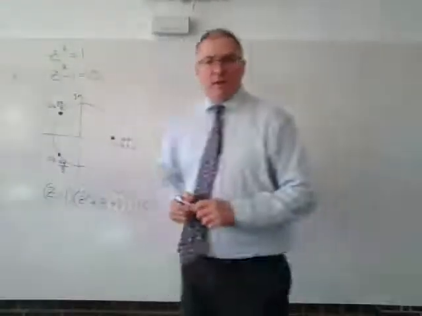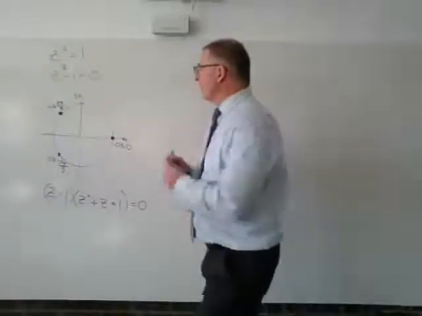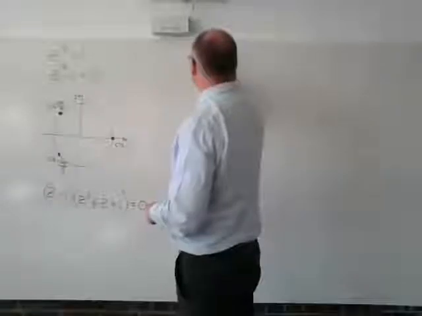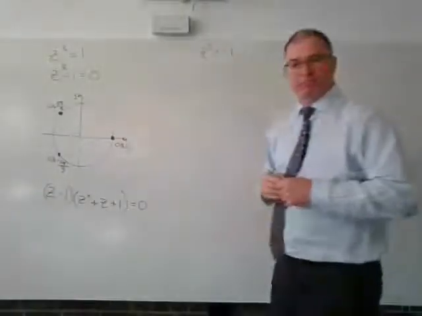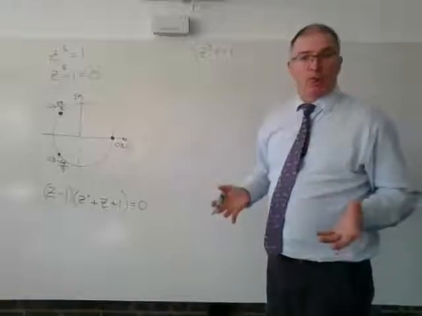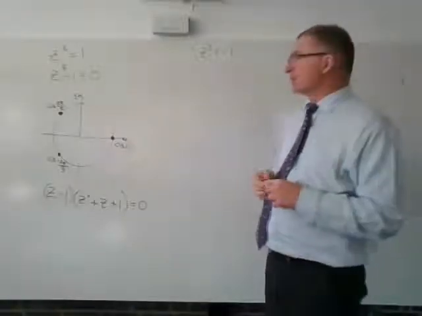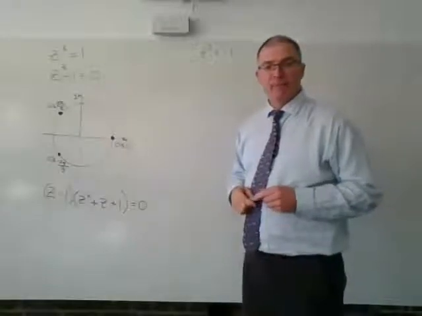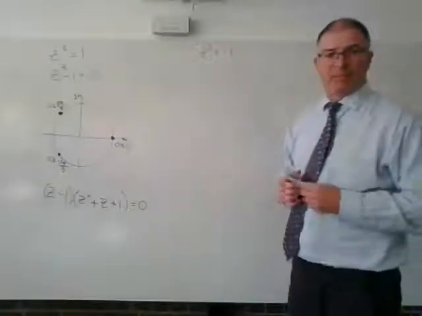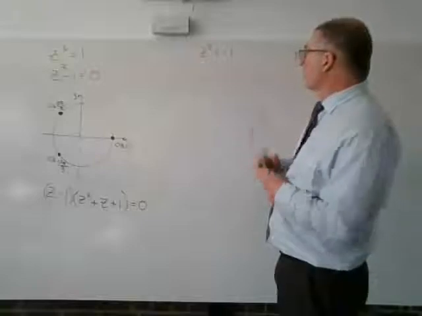The next one I wanted to consider alongside of that would be, what about z cubed equals negative 1? We're going to get an equilateral triangle in the arrangement of the roots as well, just like we got an equilateral triangle here, but they're going to be placed in different places in the number plane.